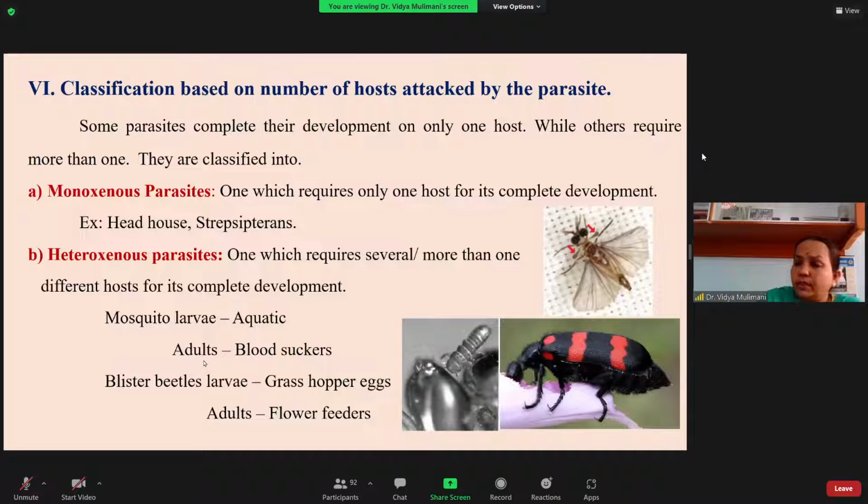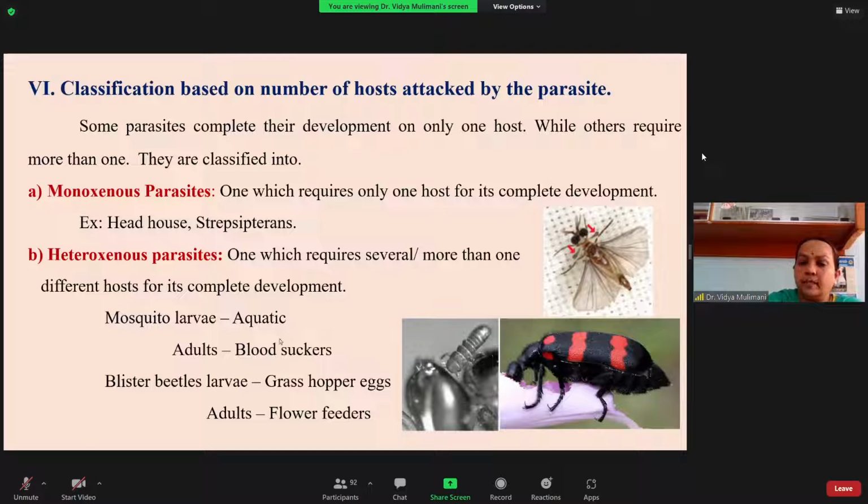In mosquitoes, the larvae are aquatic, feeding on the small insects present there, because you know the larvae have mandibulate type of mouth parts. They eat the larvae of chironomids and anything else when they are in the aquatic ecosystem. As adults, they are blood suckers. So the entire life cycle is taken into consideration here.